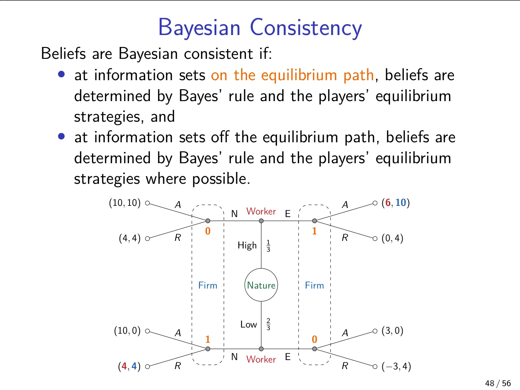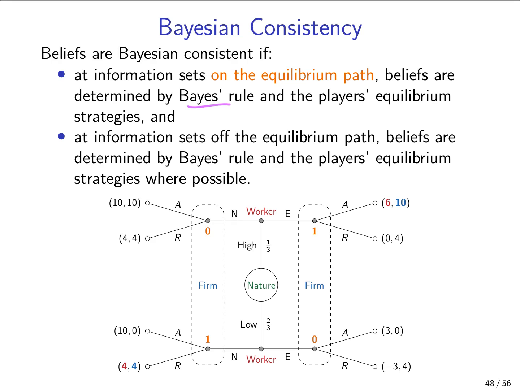We need the belief to be Bayesian consistent, which is to say that for information sets on the equilibrium path, the belief has to be determined by Bayes' rule, which is the rule relating conditional probabilities, and the players' equilibrium strategy.